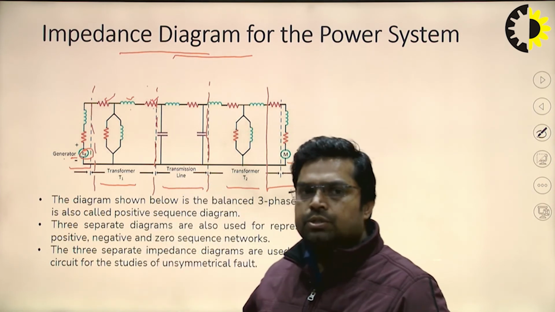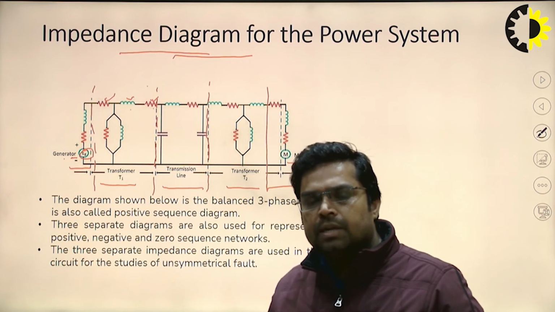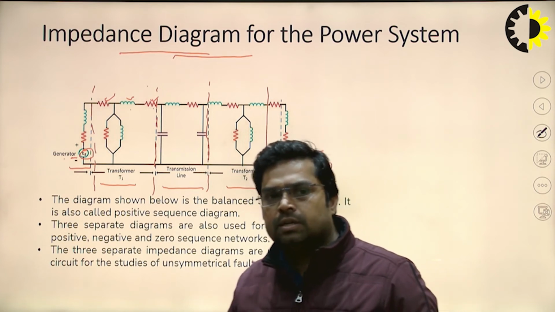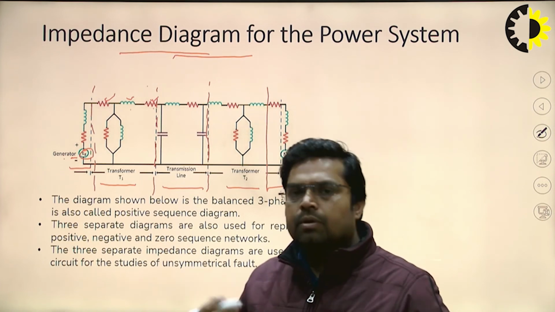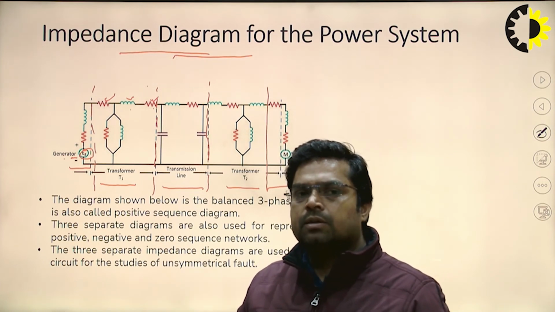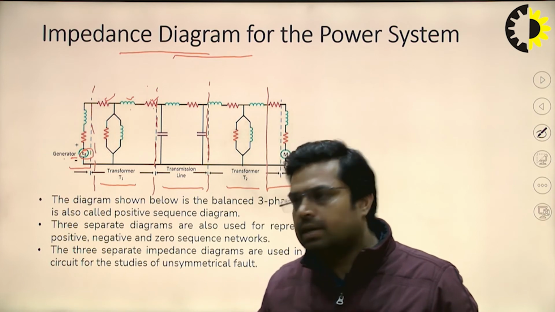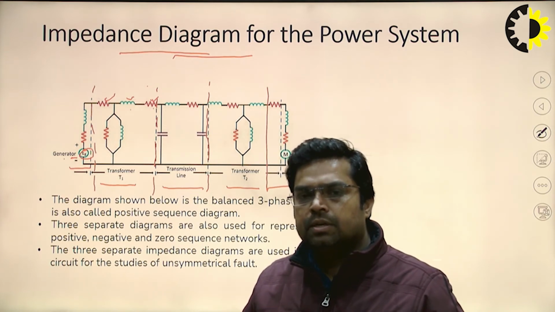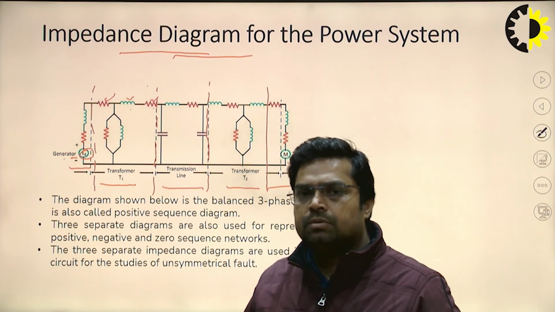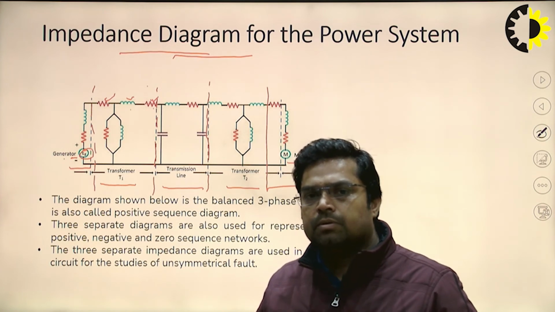So where is it used? This impedance diagram is generally studied for unsymmetrical faults. We will be talking about the representations for unsymmetrical faults for any component of the power system. We draw the positive sequence network, negative sequence network, and zero sequence network for the power system studied.